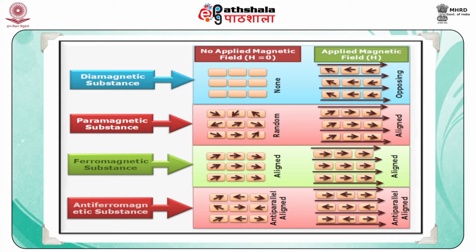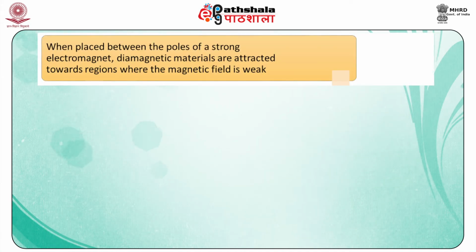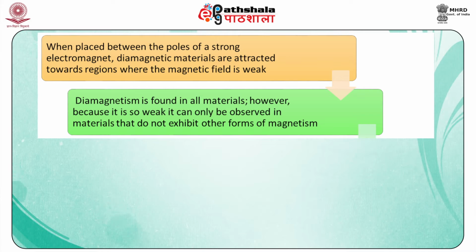There is thus a weak negative susceptibility and a relative magnetic permeability of slightly less than 1. When placed between the poles of a strong electromagnet, diamagnetic materials are attracted towards the region where the magnetic field is weak. Diamagnetism is found in all materials.